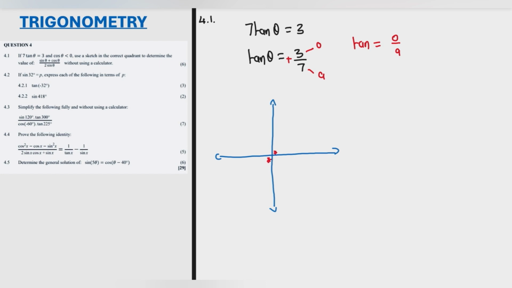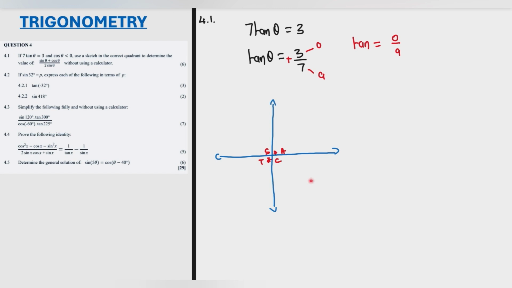That's where tan will be positive, because remember, we have All Students Take Coffee. So that means that in the first quadrant, all the trigonometric ratios are positive. In the second quadrant, only sine is positive. In the third quadrant, only tan is positive. And in the fourth quadrant, only cos is positive.